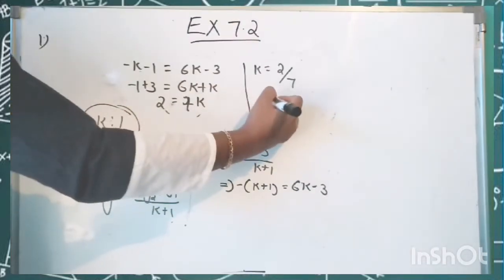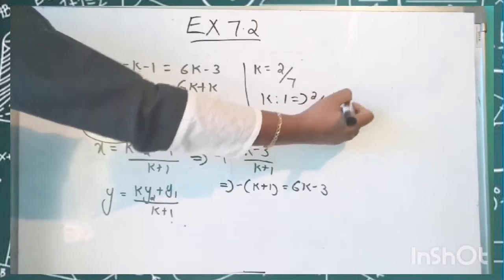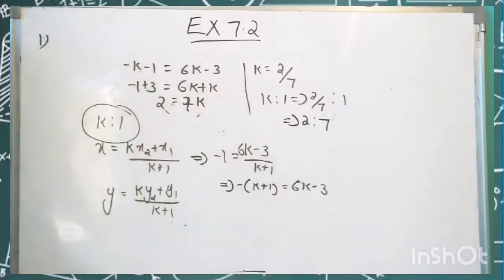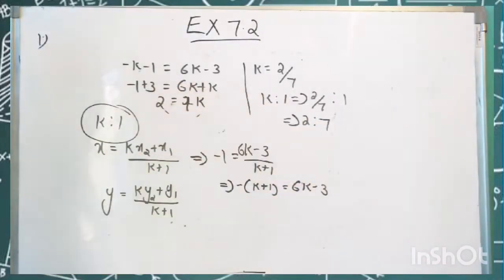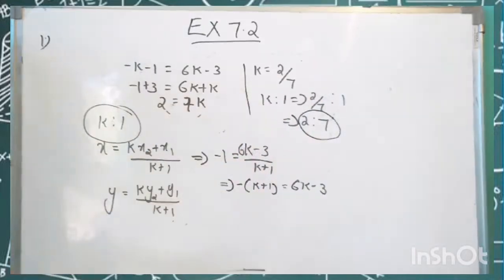Then we will have k is to 1 implies 2 by 7 is to 1. This implies 2 is to 7. So the point ordered pair minus 1 comma 6 divides our line in the ratio 2 is to 7. So this is our required ratio.